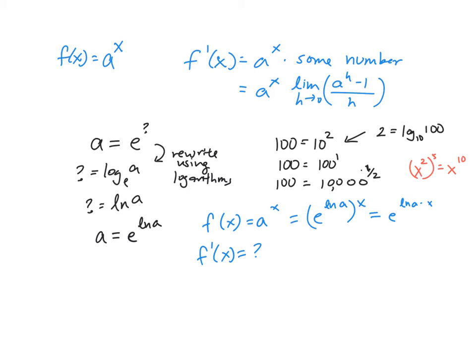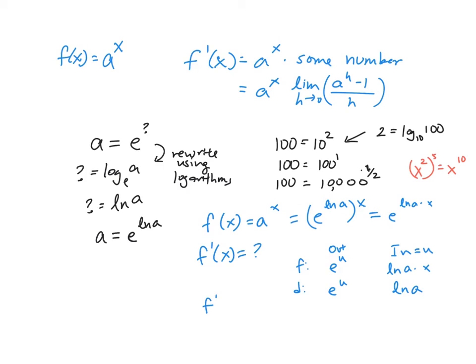I can think about this using the chain rule. The inside function, or u, would be the natural log of a times x, and the outside function would be e to the u. Then my derivative would be e to the u for the outside function, and the inside function is a number times x, so its derivative is just that number.